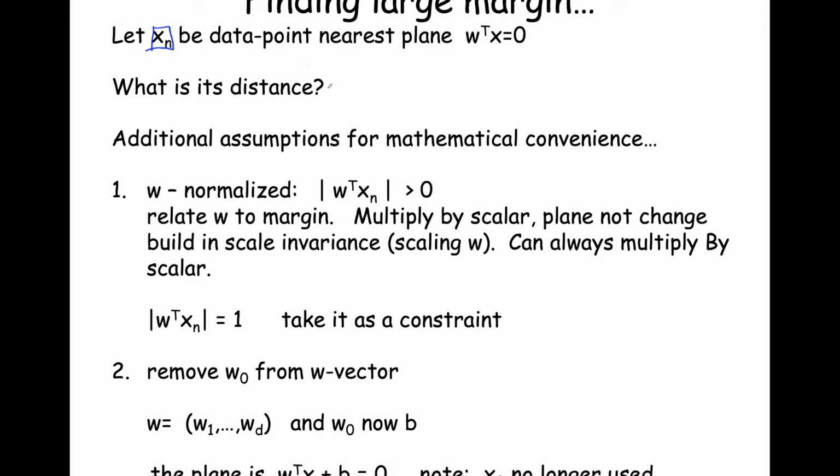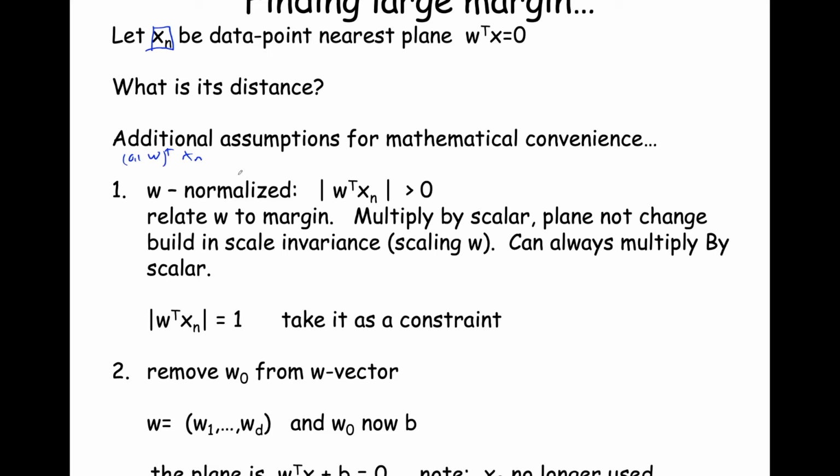And so the other thing that we can do is that we know it's greater than 0, and we can actually normalize W. We can take W and multiply it by a scalar, like 0.1 times W, and then take that transposed xn. And as such, we can shrink down or scale up that score. And we can do this relating W to the margin. If we multiply this hyperplane by a scalar, it doesn't change the plane.